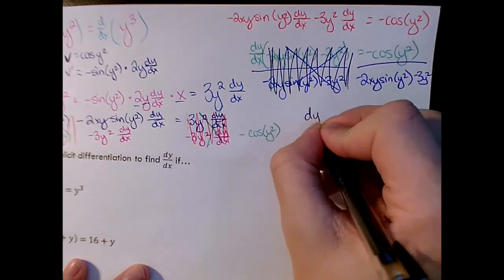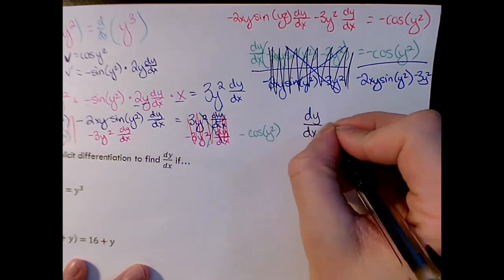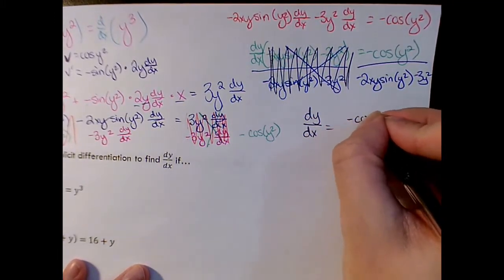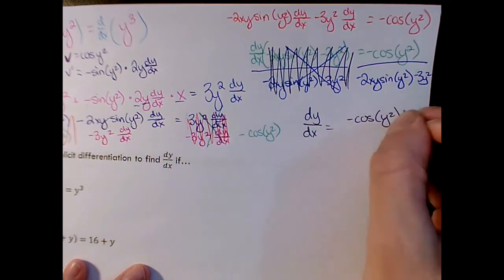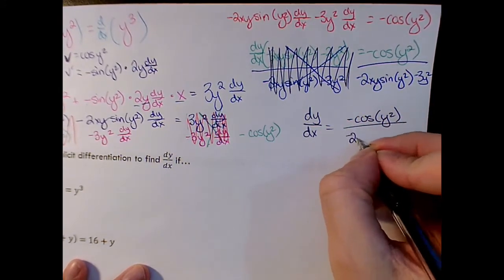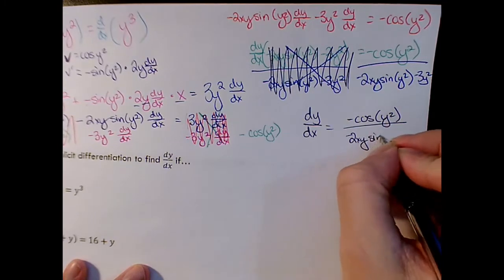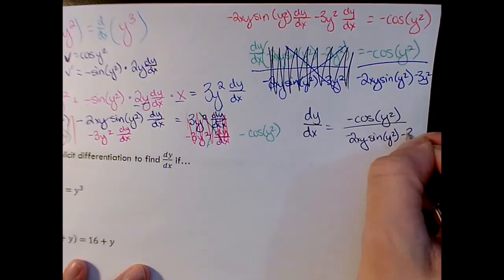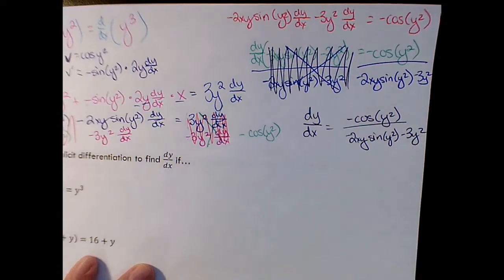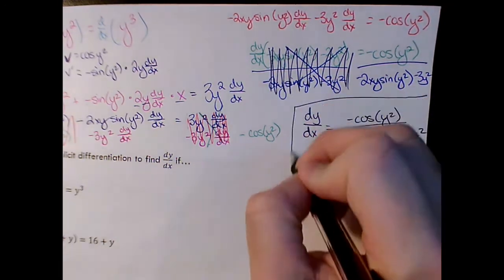And my final answer is dy dx equals negative cos y squared over negative 2xy sine y squared minus 3y squared. And there you have it. Awful, terrible problem.